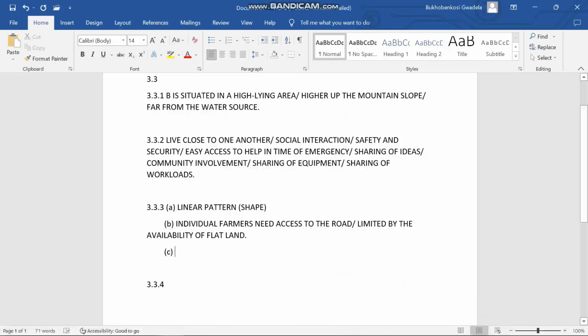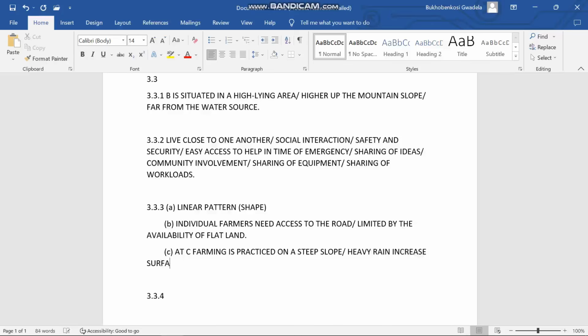So you can say at sea, farming is practiced on a steep slope. You can also say heavy rain increases surface runoff.